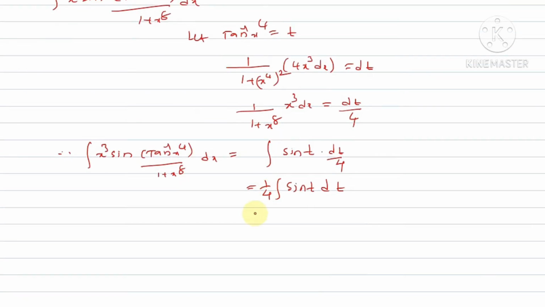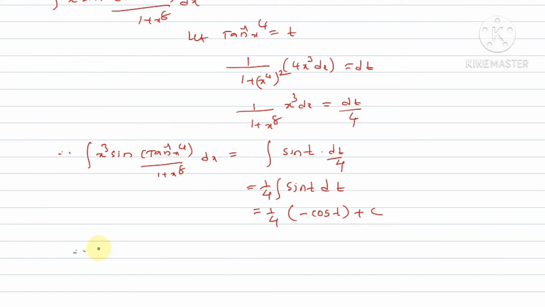That total value comes to dx, dt by 4. So 1 by 4 integration of sin t. Integration of sin t is nothing but minus cos t plus some arbitrary constant. Whose solution is it?